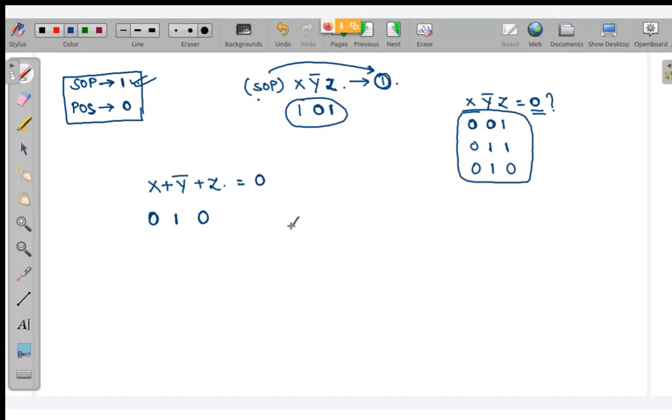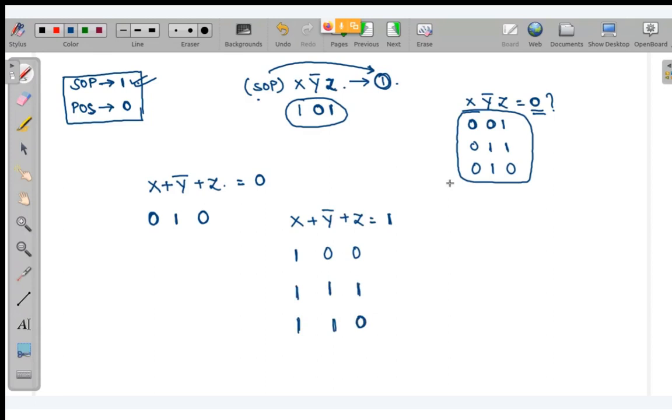Now for example, if I want to make this 1, if I take x1, y0, z0, this will be 1. If I take x1, y1, z1, then it will also be 1. If I take x1, y1 and z0, then this will also be 1.